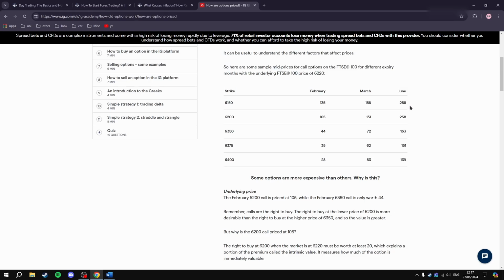This one increases, that also increases, this one increases, so they all increase.